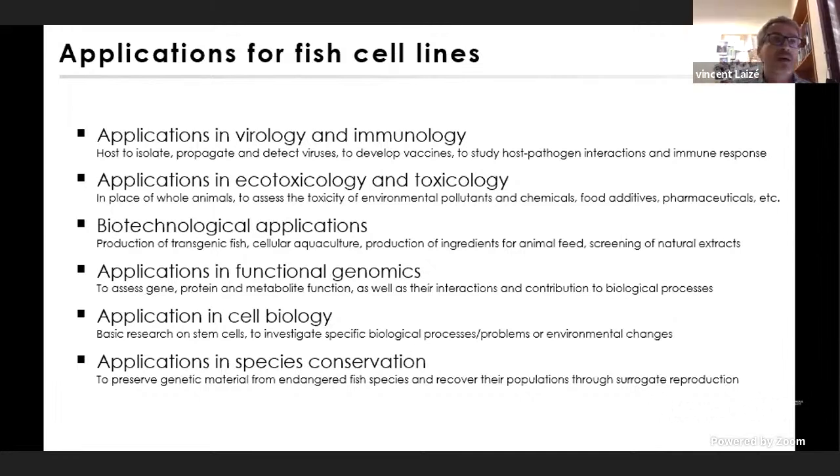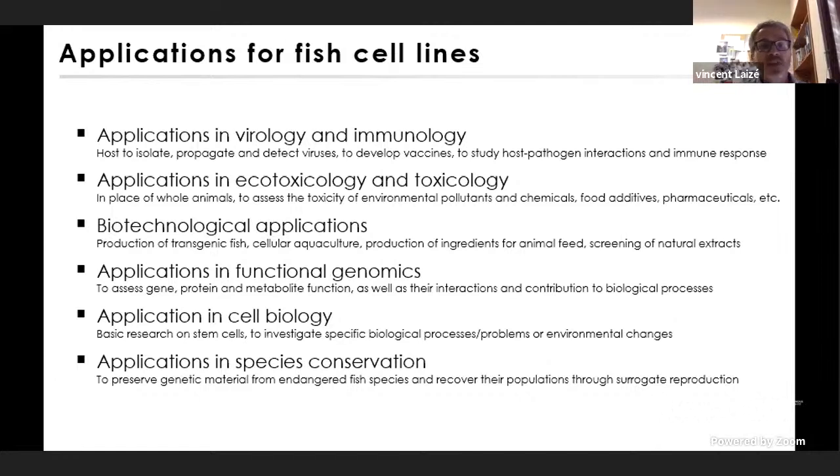It can be a gene for resistance to a particular disease, or a gene that will improve growth or reproduction. ES cells have been used and are still used, of course not in every country, because transgenic fish is not utilized in all countries. There are still some restrictions.